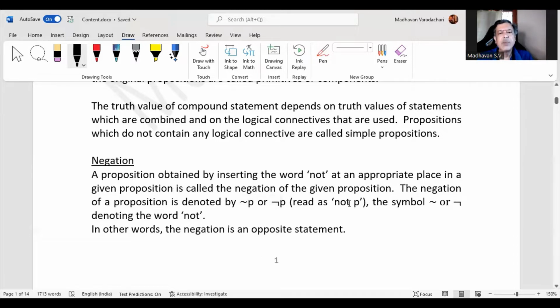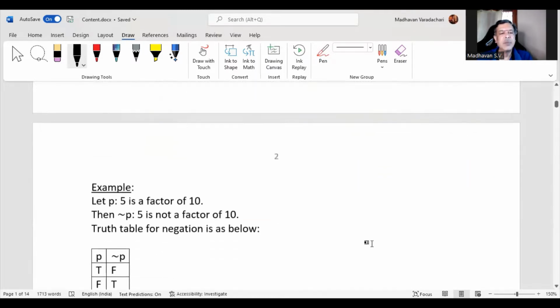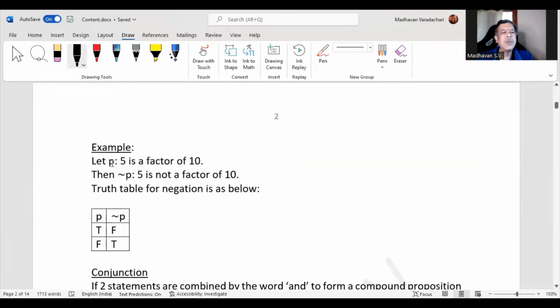When writing it, it is read as not P, the symbol denoting the word not. In other words, negation is an opposite statement. Let us see some examples. Let the statement P be 5 is a factor of 10. Then negation of P is 5 is not a factor of 10.